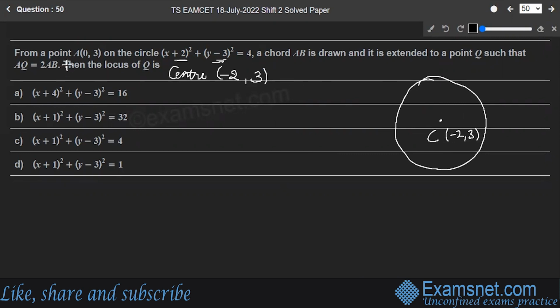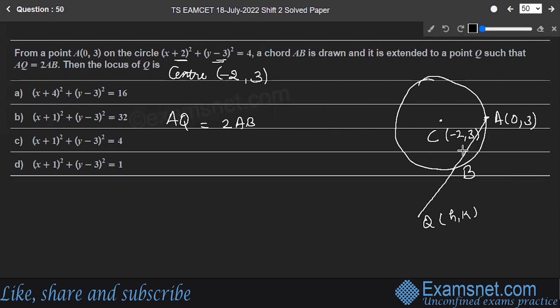Now it says a point (0, 3). There is a point (0, 3) over here. Let it be A (0, 3) on this circle, and a chord AB is drawn. Here is B. This chord AB is drawn and it is extended to a point Q. Let the coordinates of Q be (h, k), such that AQ is equal to twice of AB.